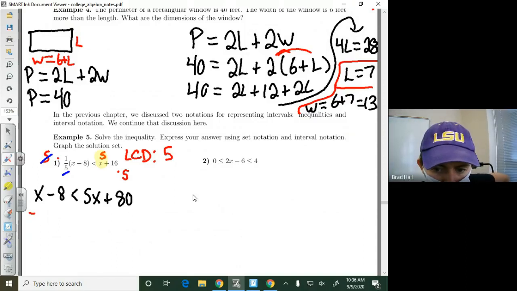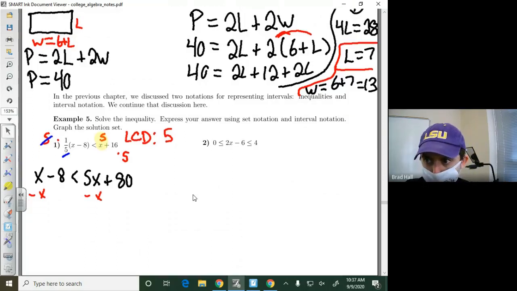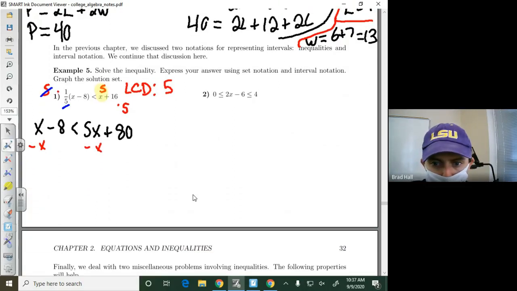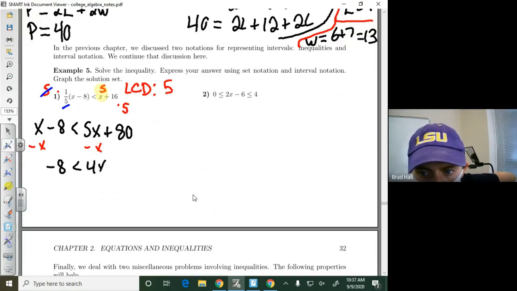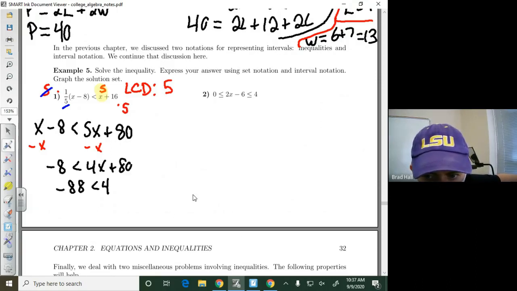So subtract x on both sides. Negative 8 is less than 4x plus 80. We subtract 80 on both sides. And so we get that negative 88 is less than 4x, or negative 22 is less than x.